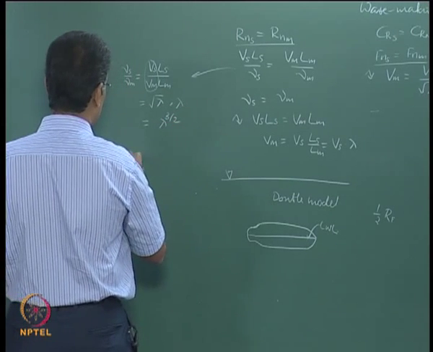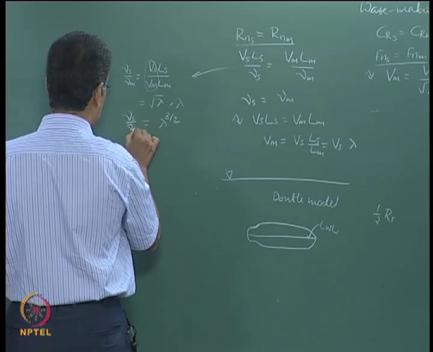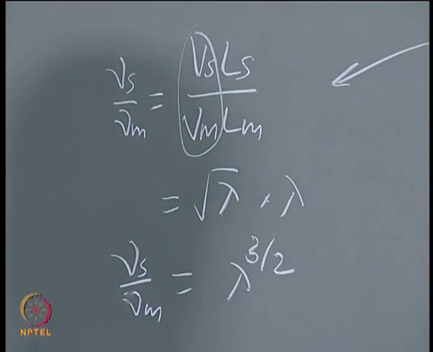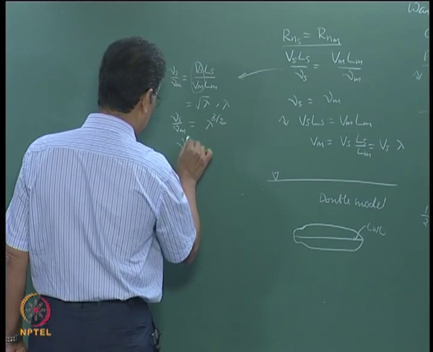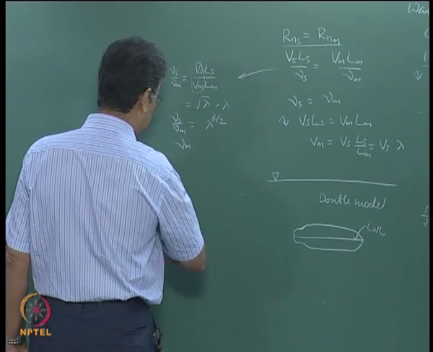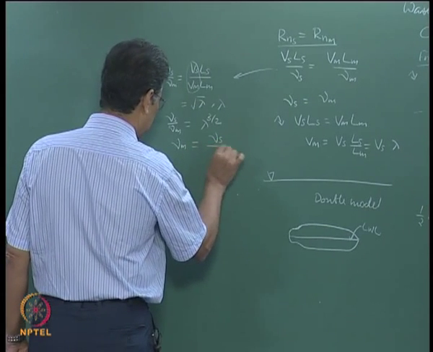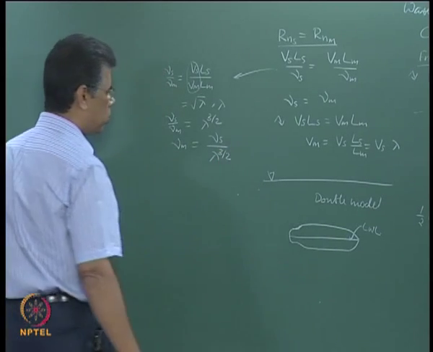So that means nu s by nu m is going to be lambda raised to 3 by 2. So nu m, the viscosity of the fluid in which the model is tested, is equal to nu s divided by lambda raised to 3 by 2. So that is how it is coming.